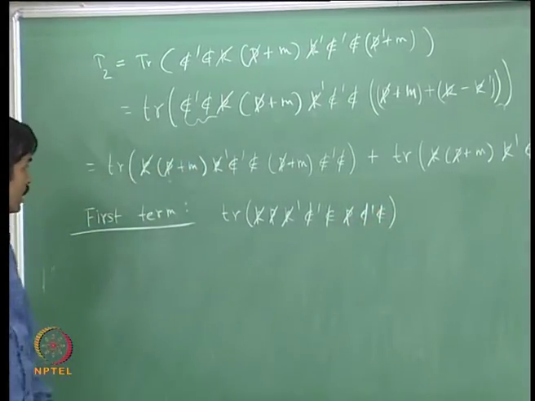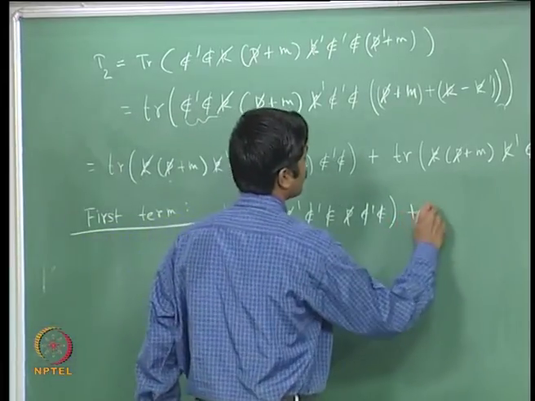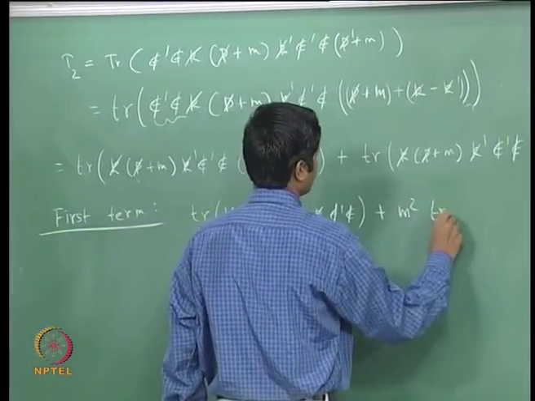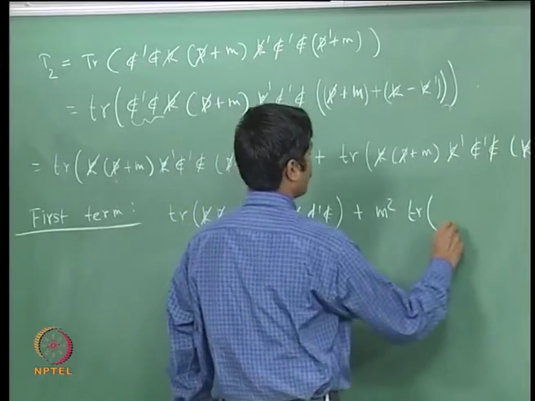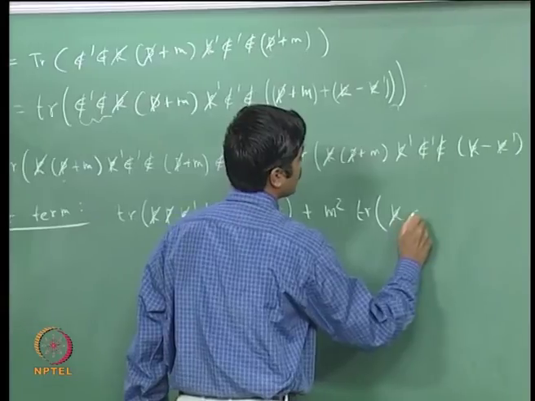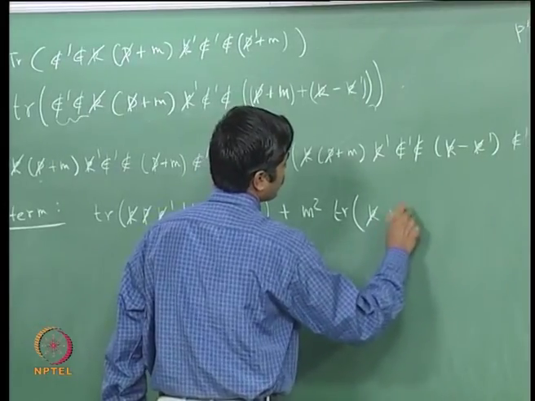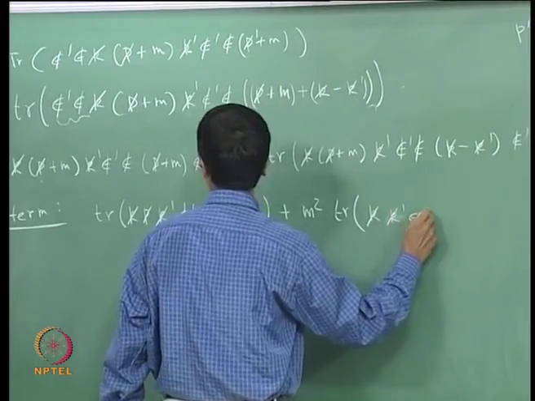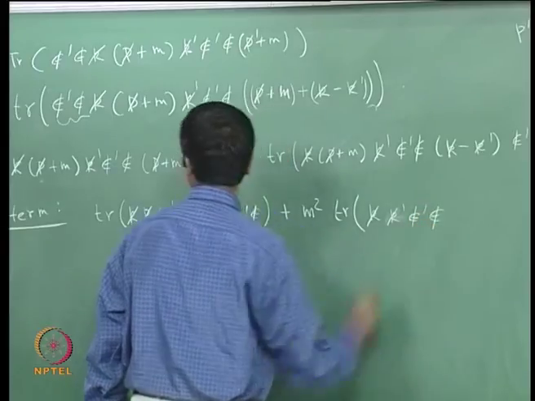This is the first one, and then the second one contains M square trace of K slash, K prime slash, epsilon prime slash, epsilon slash, epsilon prime slash, epsilon slash.